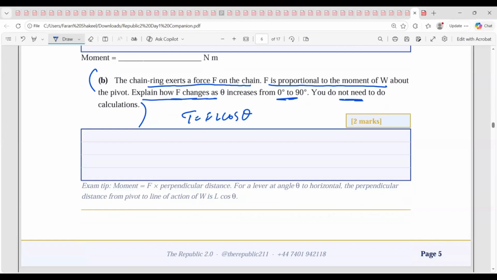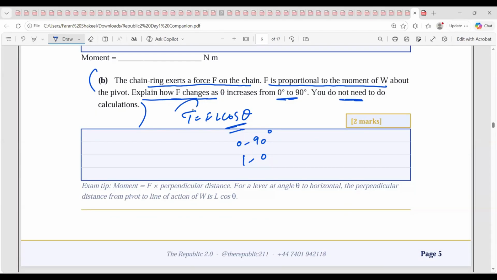Now cos theta from 0 to 90 is going to decrease from 1 to 0, right? Cos of 90 is 0. So the torque would eventually decrease, and as the torque is decreasing, we're bound to say that the force decreases as theta increases. Got that?